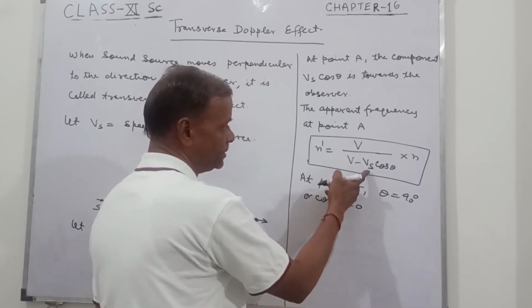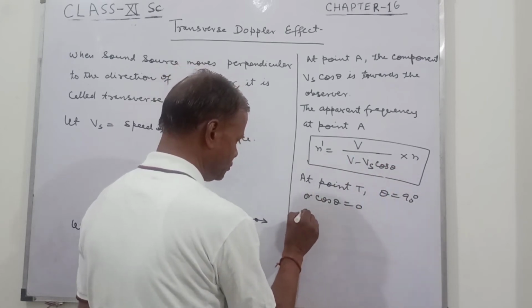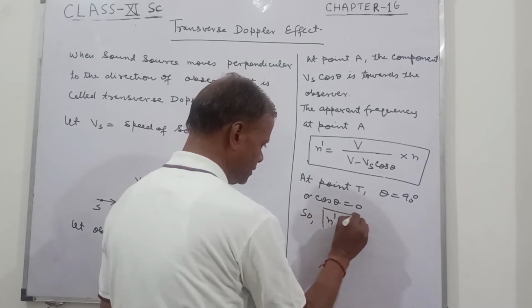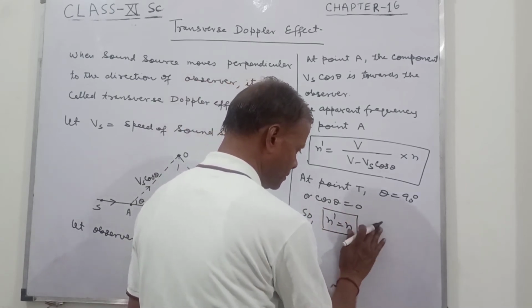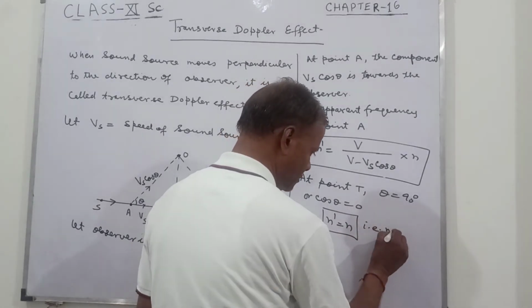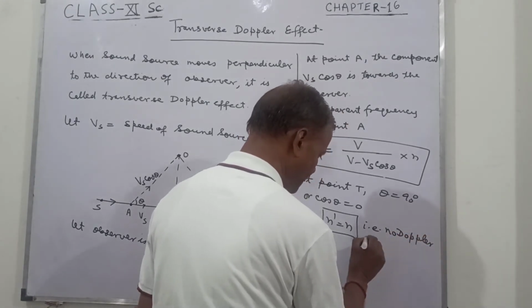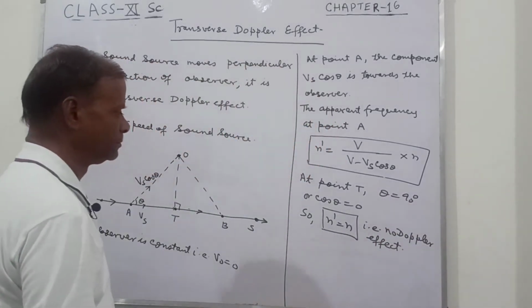It means that this factor will be 0. So n dash equal to n. It means no Doppler effect.